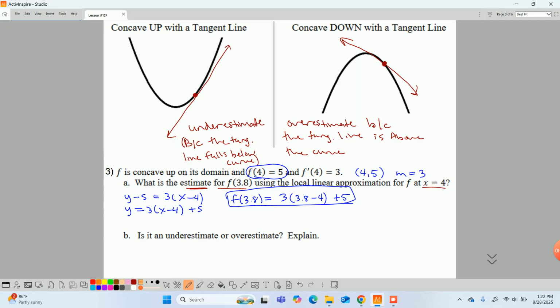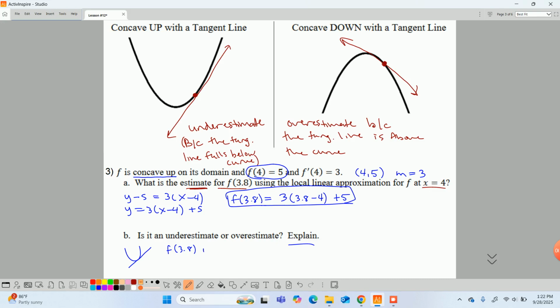Now, is that estimate an over or an underestimate? And then it says explain. So you know how it mentioned that the function was concave up? That means that you can imagine any function that's concave up and the tangent line falls below it. So that means that our estimate, f of 3.8, is going to be under this curve, which basically means it's an underestimate, okay?